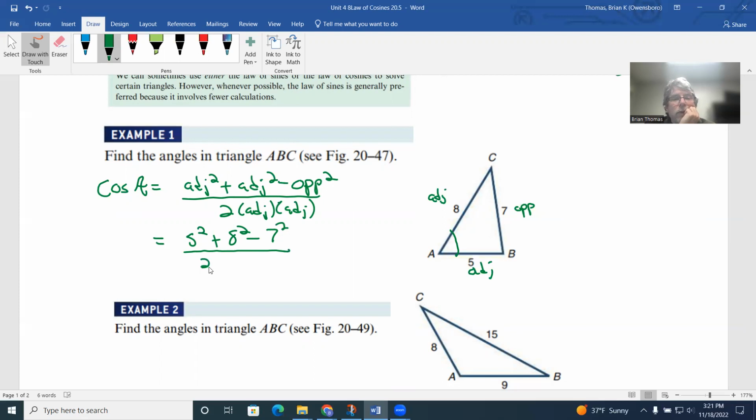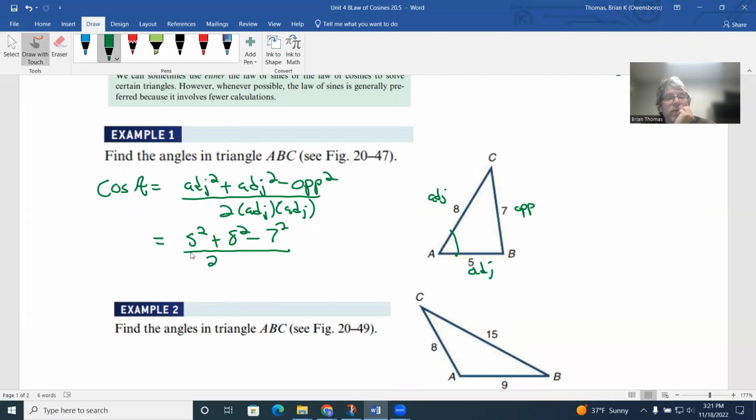2 times the adjacent times the adjacent. Let's actually put the numbers in there. Okay, so the adjacents are the 5 and the 8.